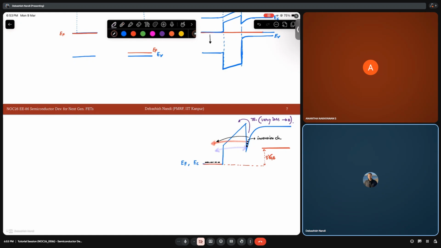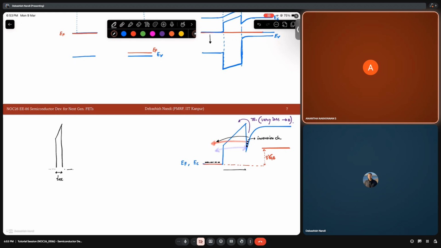Now, if this barrier is very small or narrow, let's say this is TOX, the oxide thickness.